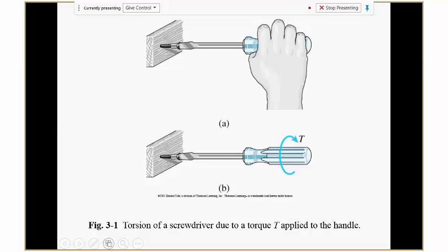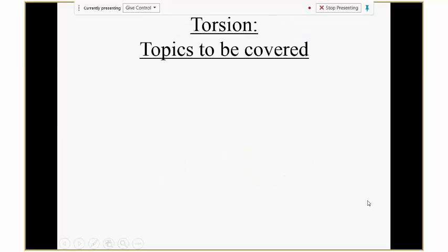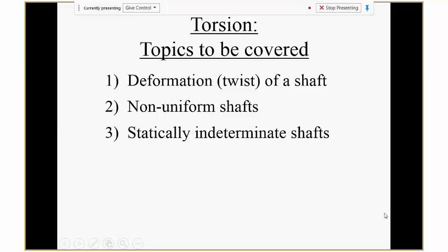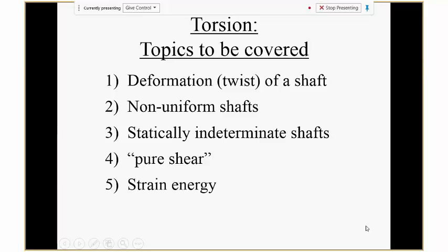We all know what a moment is, right? So what's a moment? Force times the distance. Let me jump to the next slide, then we can look at the picture here.